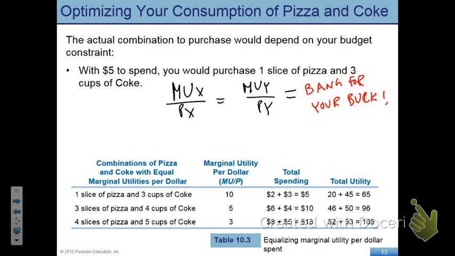Okay? What does that mean? Bang for the buck, right? It means that you are probably allocating different amounts of money in these two goods. The level of satisfaction that you are getting is probably also different. But you are transforming your money in the same way for these two, right?